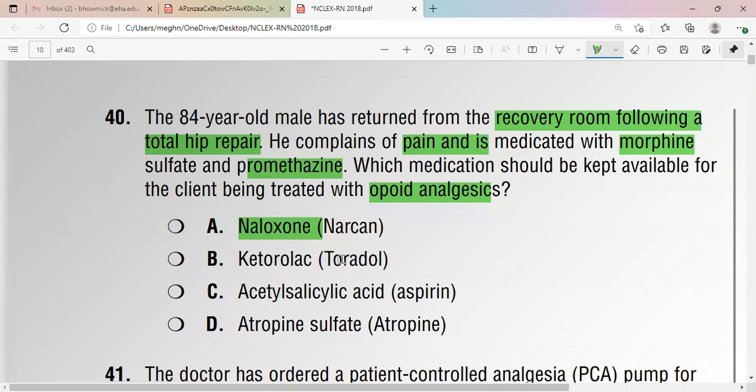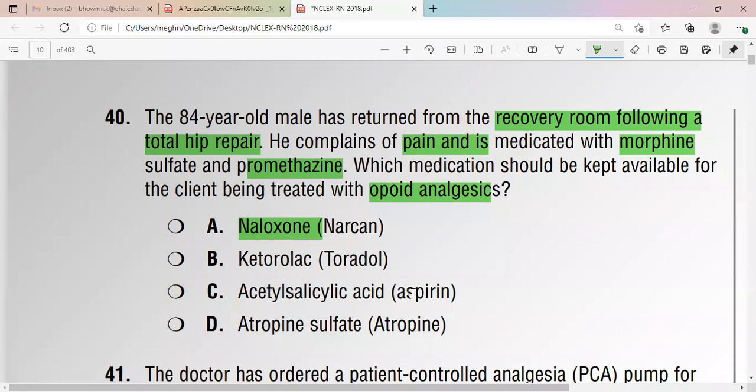And here, Toradol or ketorolac is a non-opioid analgesic. It is also pain medication, but non-opioid. Aspirin, whose chemical name is acetylsalicylic acid, is a simple analgesic.